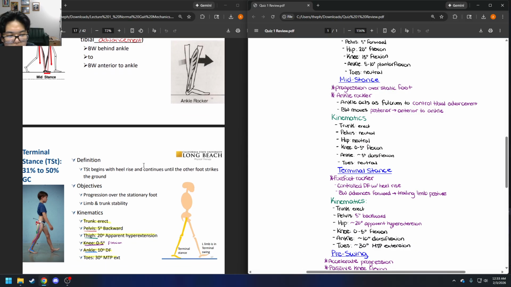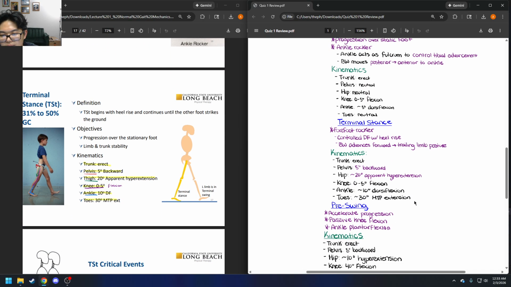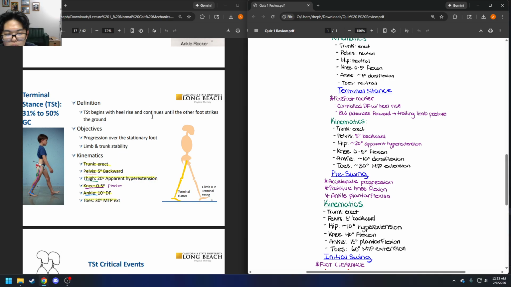For terminal stance, we will be talking about what is occurring here for the critical events. So we have our forefoot rocker now. So we are now advancing from ankle rocker to forefoot rocker, and this is when the forefoot rocker is being controlled by dorsiflexion with your heel rise, and your body weight is advancing forward, causing a trailing limb posture.